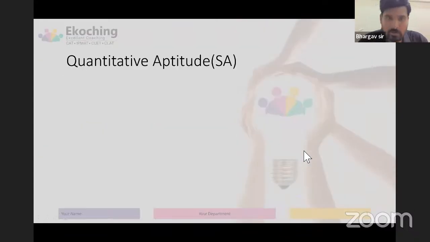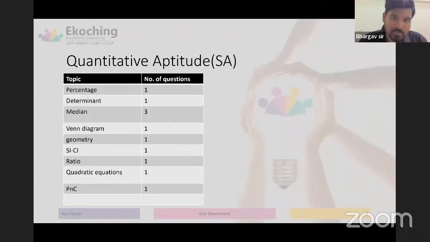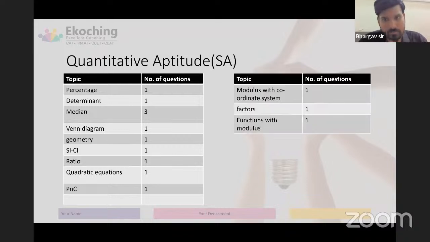If I talk about individual sections, in short answer sections you have many questions. From what we have discussed, there was one question on the Venn diagram in the questions that I gave you. There was the same ditto question from factors. 1800 was the number, and you needed to say how many factors of 1800 were multiples of 6, right?